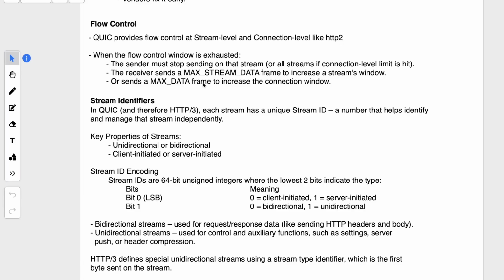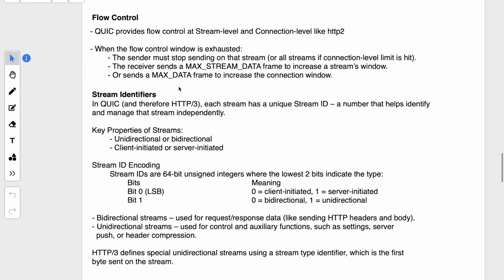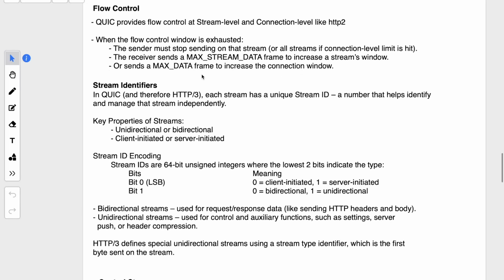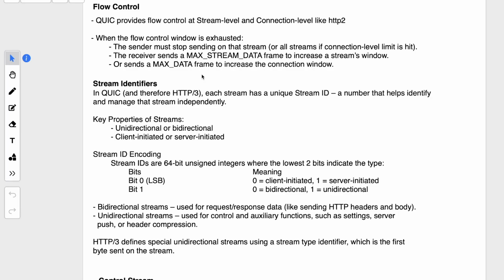That is why, depending on the scenario, either a MAX_STREAM_DATA frame or a MAX_DATA frame will be transferred. The MAX_STREAM_DATA frame tells how much maximum data can be sent in a stream, and the MAX_DATA frame tells how much maximum data can be sent inside a connection. So these frames travel according to the requirements, and they increase the data flow within a stream or within a connection.